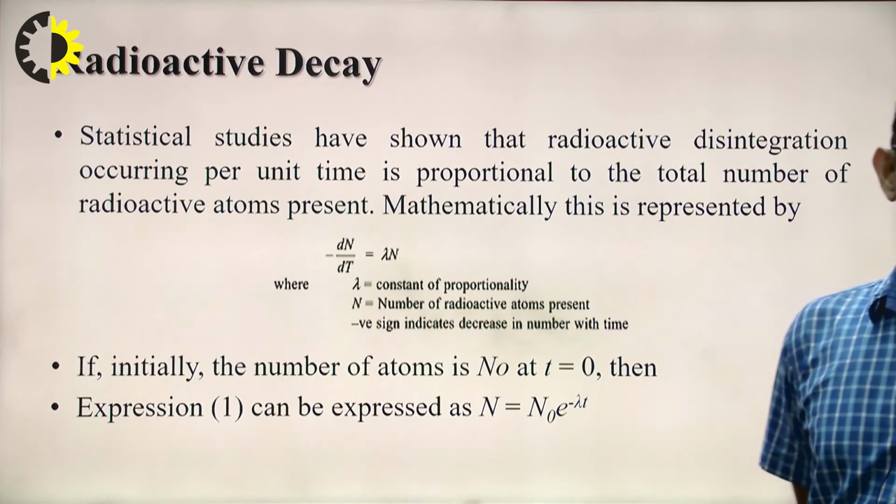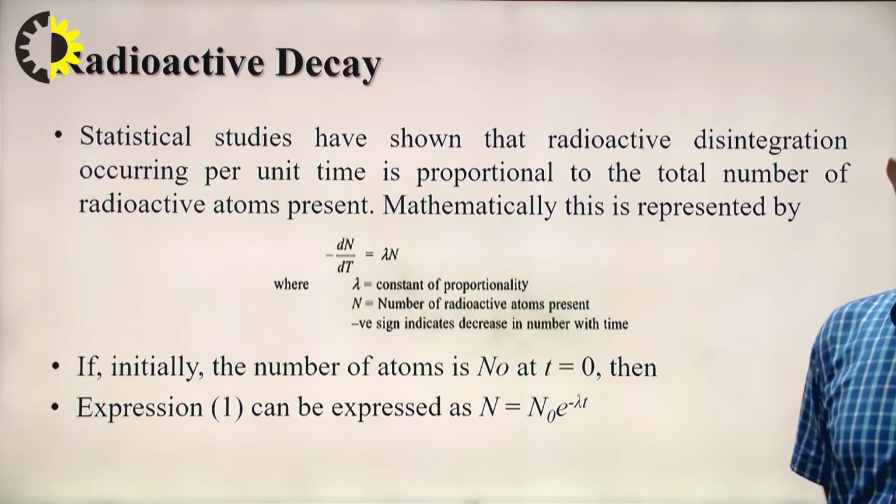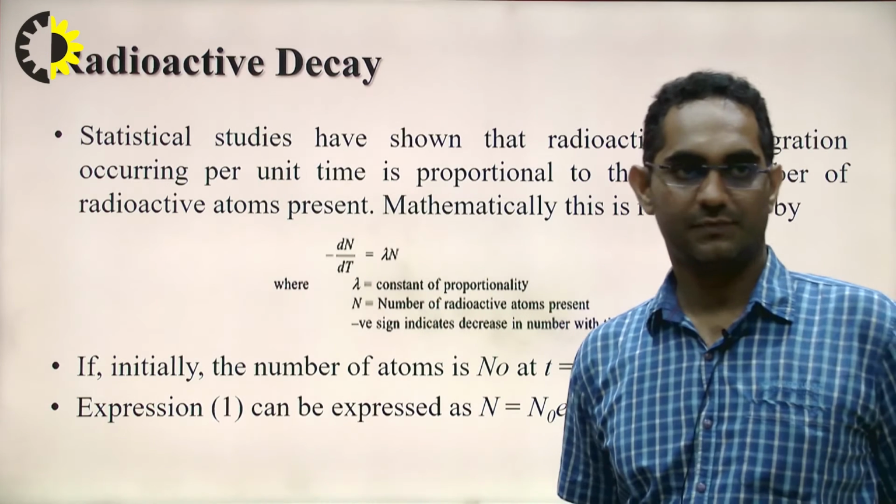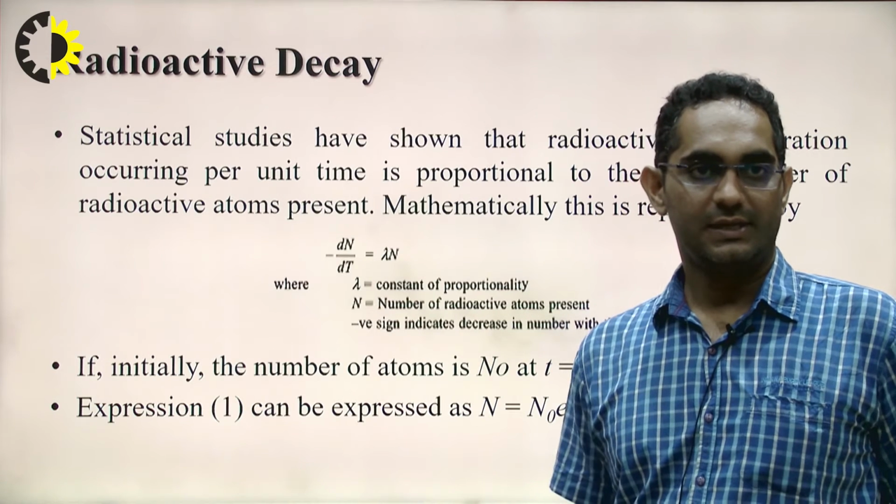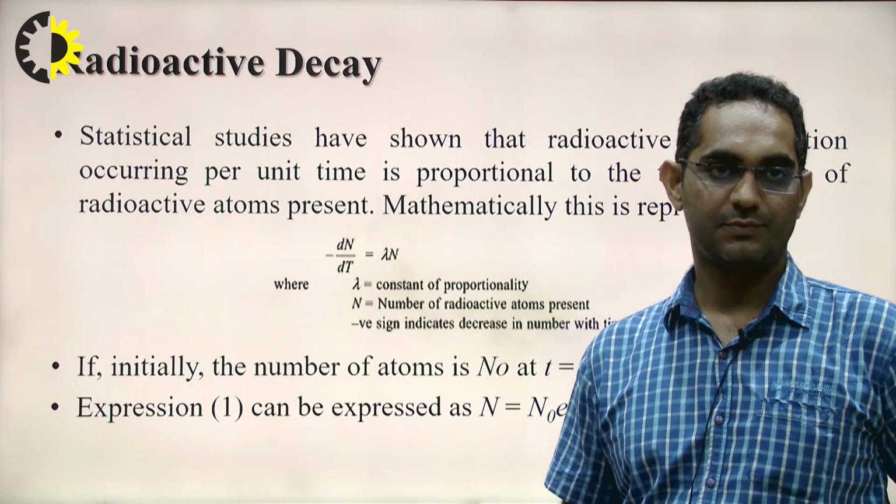If initially the number of atoms is N0 at t equal to 0, then expression 1 can be expressed as N equal to N0 e raised to power minus lambda t.